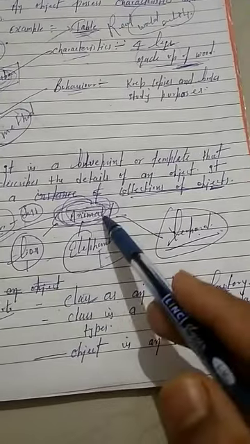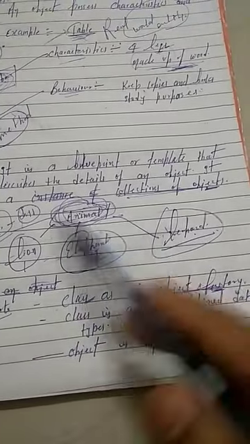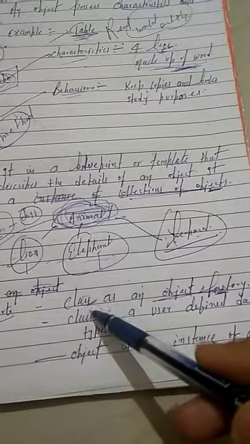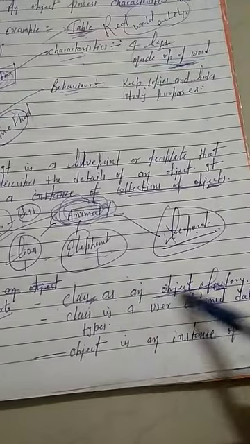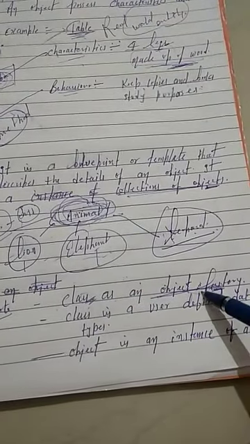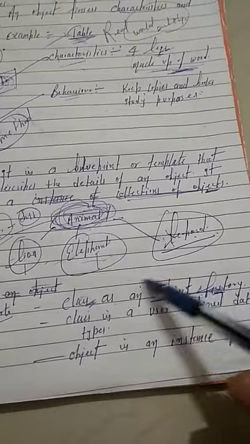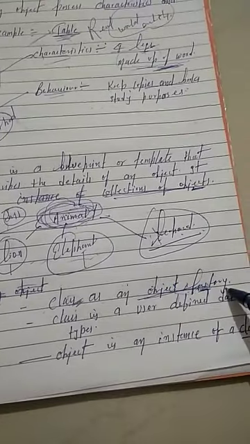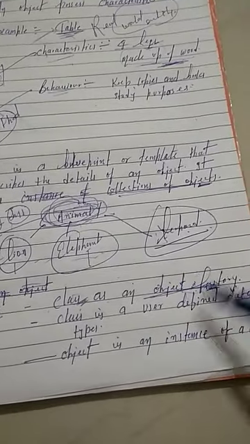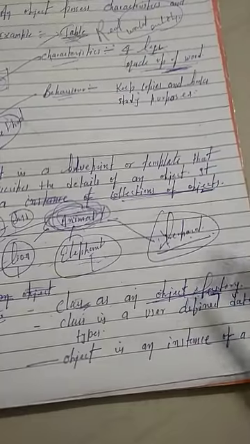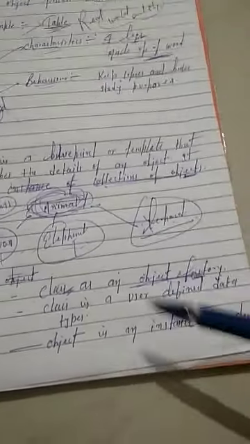See, animal is a class and these are the objects. So animal produces the objects. Here also class produces objects of similar type. That's why we call class an object factory.